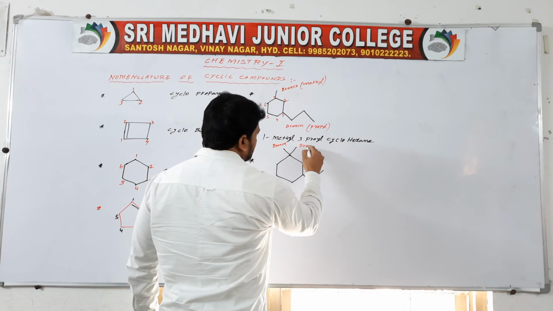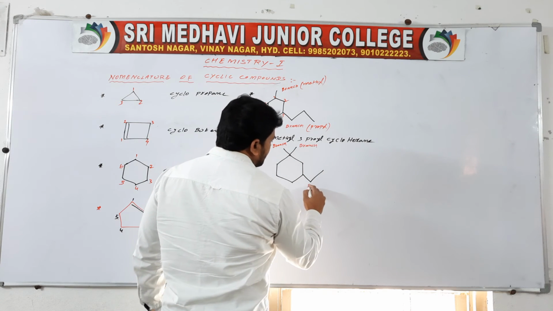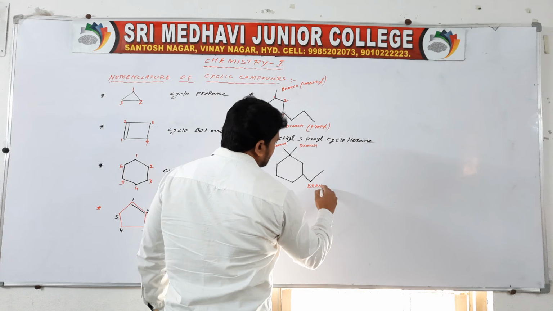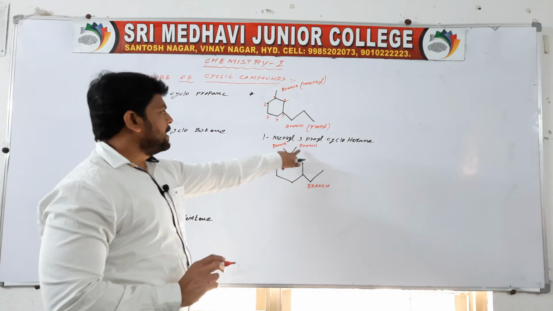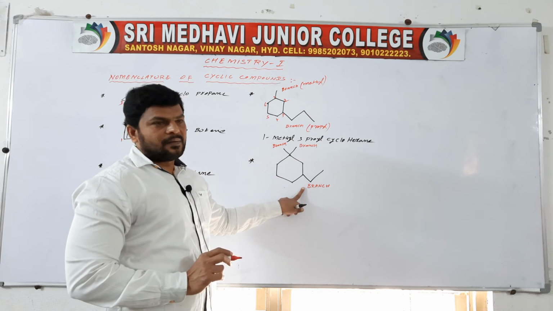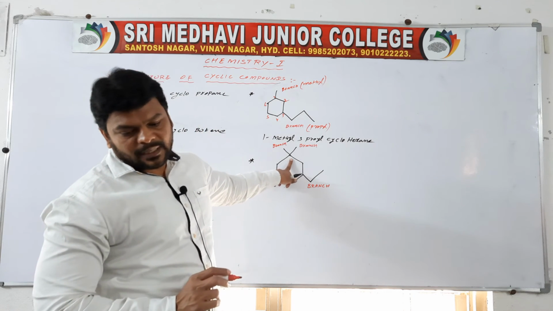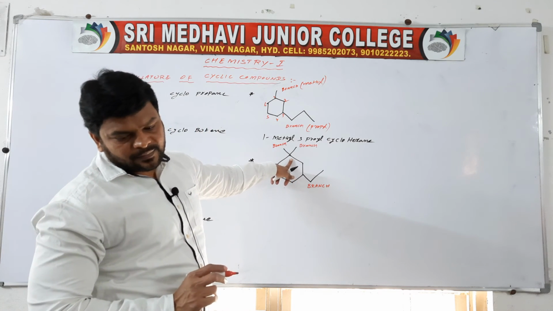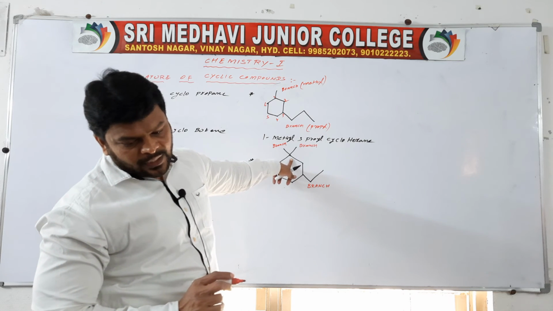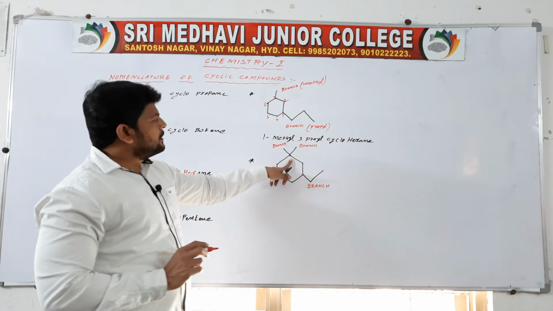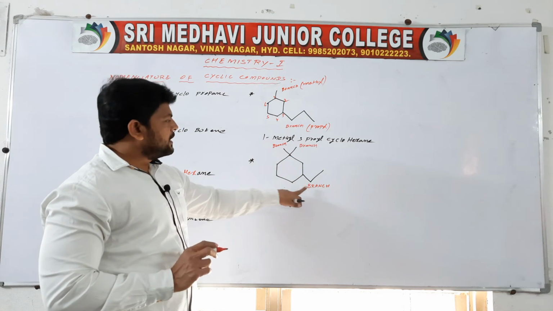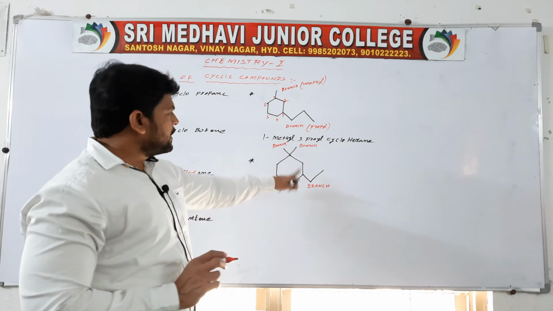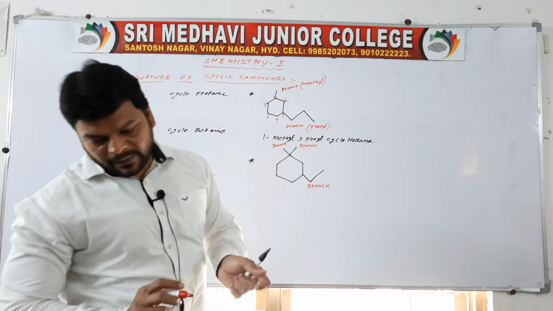So it is a methyl, and it is an ethyl. So here 2 functional groups are there. Which comes first? Ethyl. So we have to give numbering.